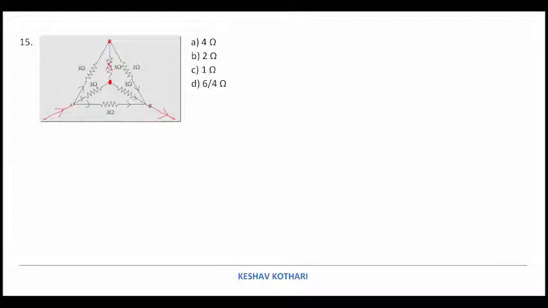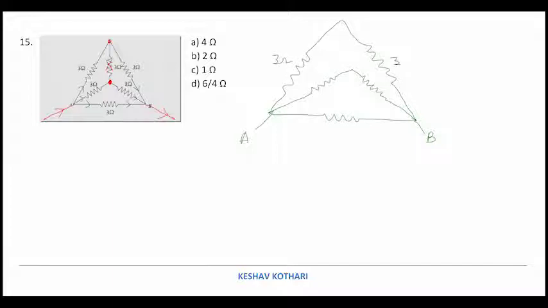So if we remove this resistor, we can redraw this diagram in this way: there is a 3 ohm and another 3 ohm, the 3 ohm in the lowest trunk, and these 2 resistances between A and B. If we redraw it this way, this is 3 ohm each.